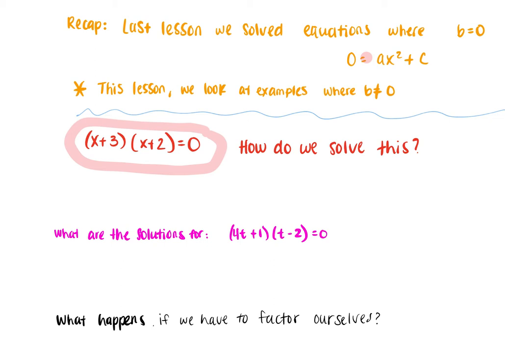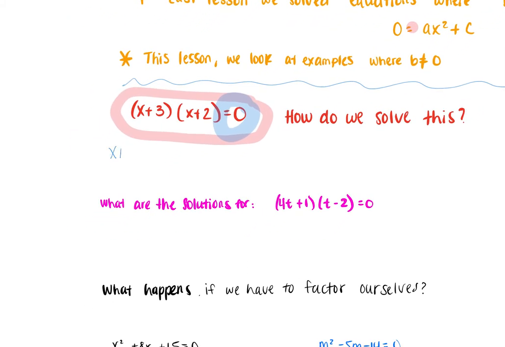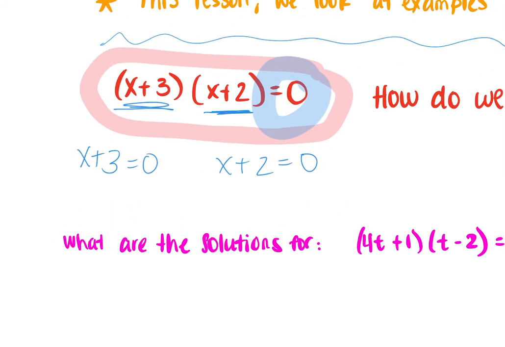So what we do with this 0, right, is we take it and we set it equal to each part. So we're gonna get two equations from this. We're gonna get x plus 3, the first parentheses, equals 0, and we're gonna get x plus 2 equals 0. And then we just solve for x. So let's take the first one, x plus 3 equals 0.